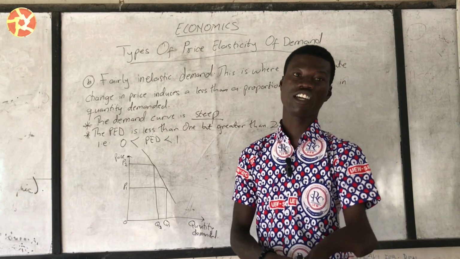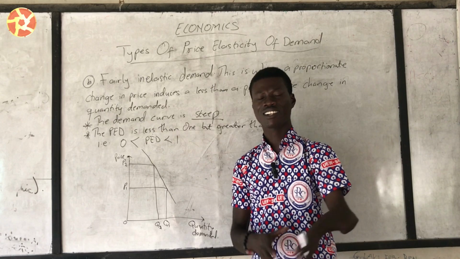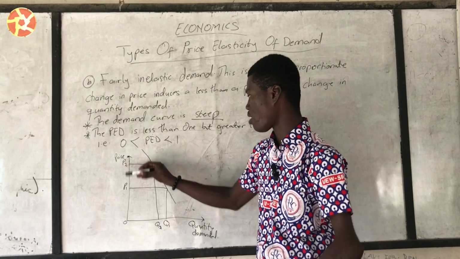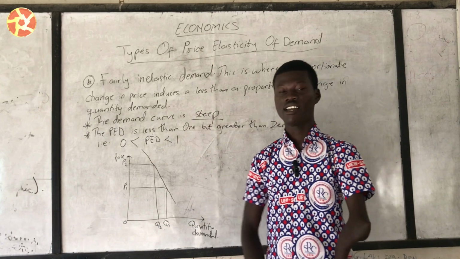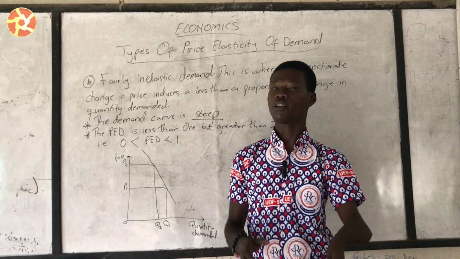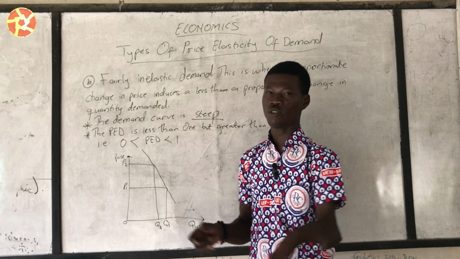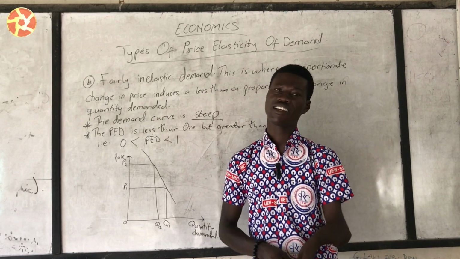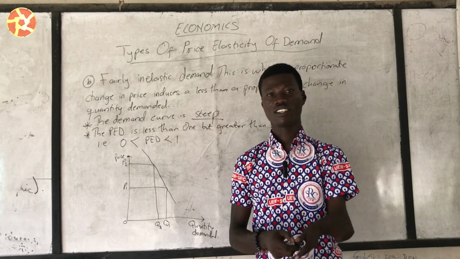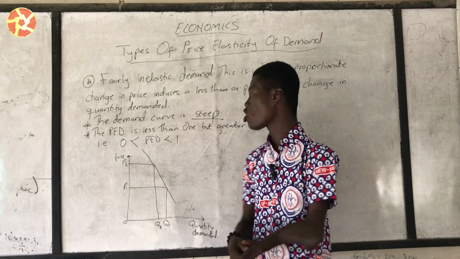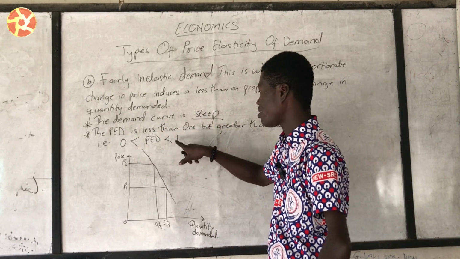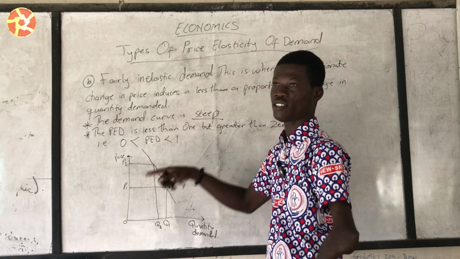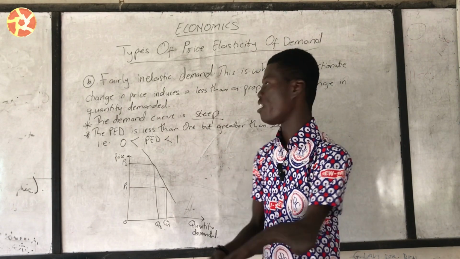Now, when you calculate the price elasticity, you can clearly see that the percentage change in price is greater than the percentage change in quantity demanded. And this is because the commodity we are dealing with has fairly inelastic demand. For that matter, the coefficient is always greater than 0 but less than 1, that is, it is within 0 and 1.